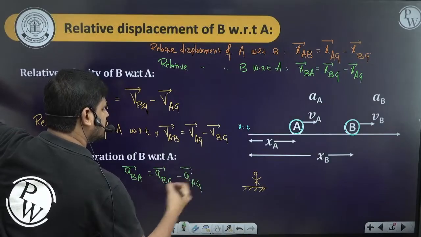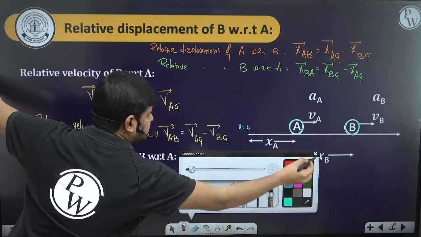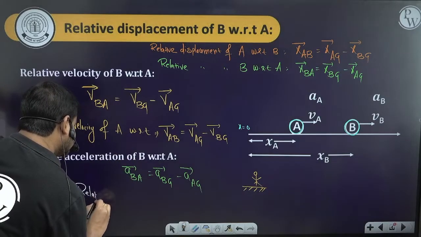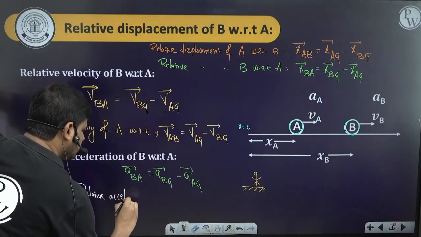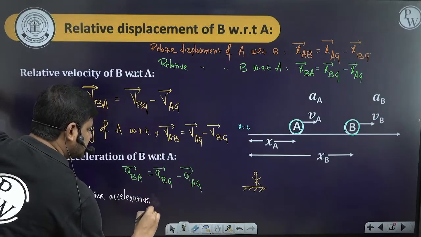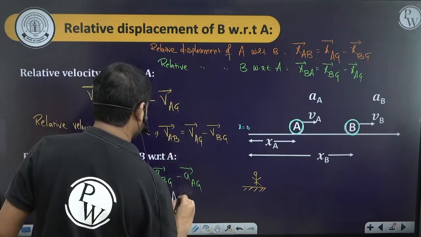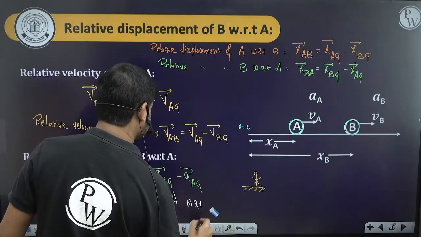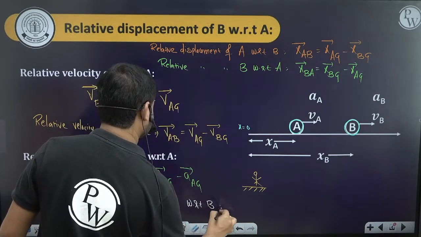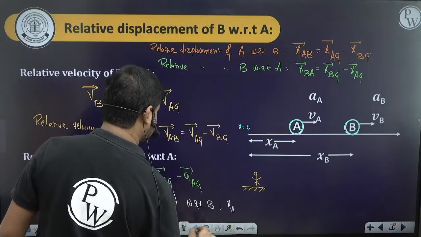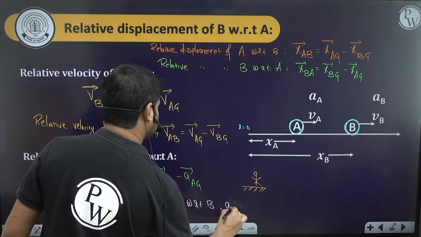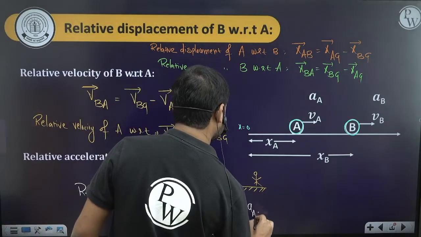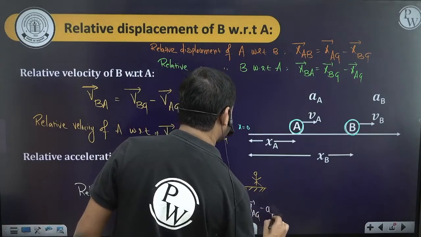That's it. Done. Or else if you need the relative acceleration of A with respect to B, which is equal to AA with respect to ground minus AB with respect to ground.